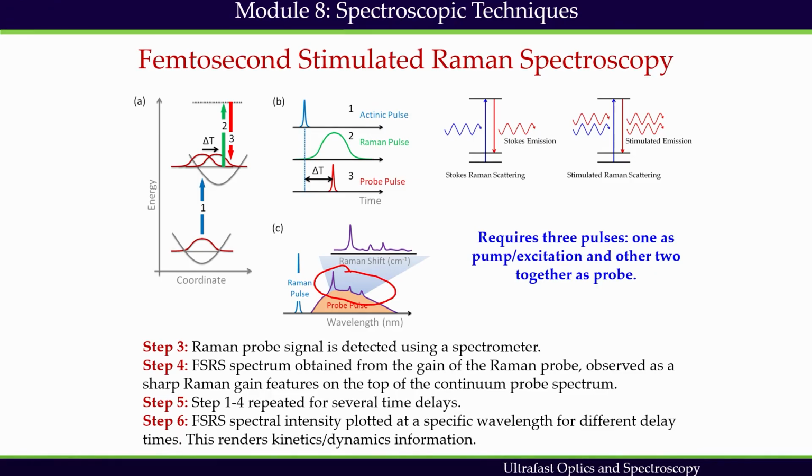Femtosecond stimulated Raman spectral intensity is plotted then at a specific wavelength for different delay times, and we get the transient signal. So, by this technique we can study excited state dynamics while monitoring different vibrational modes during the dynamical process.